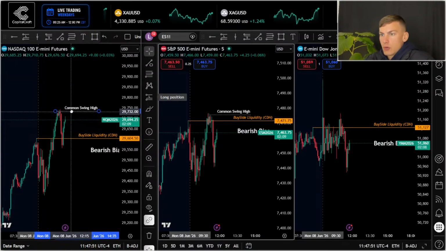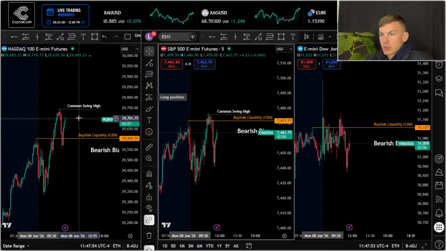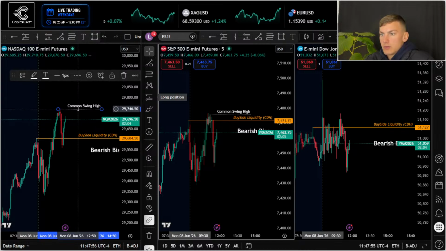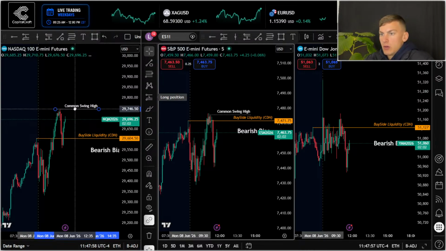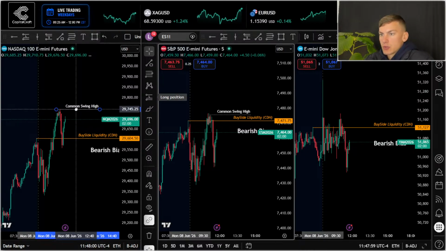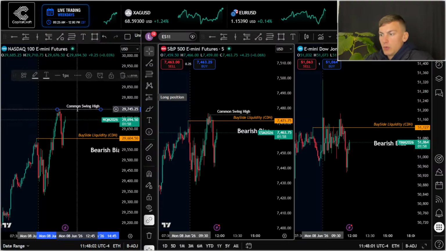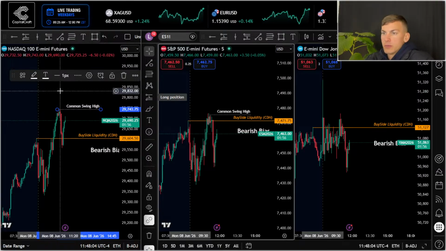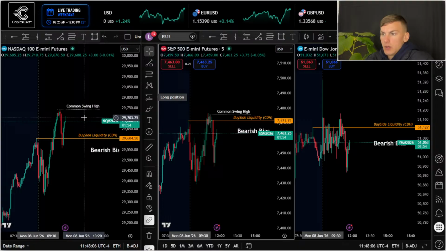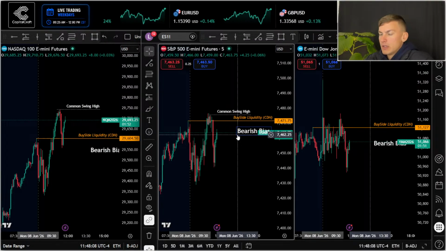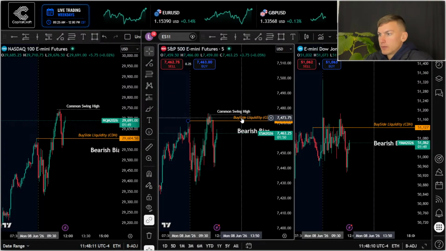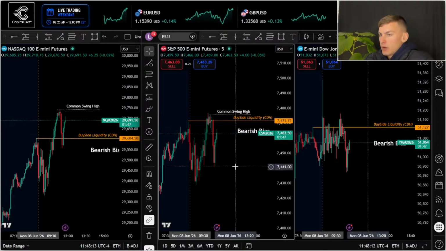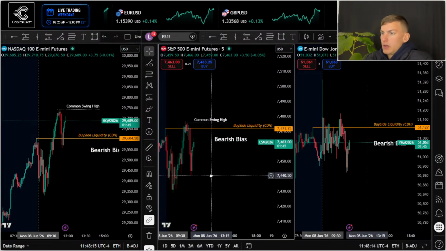Right, so it's not drawn on the exact swing high itself, but it's pretty much just the level that I'm monitoring at the minute. Now, this will be my last potential setup for the day. We've obviously got about 12 minutes remaining until 12 p.m. noon Eastern Standard Time.